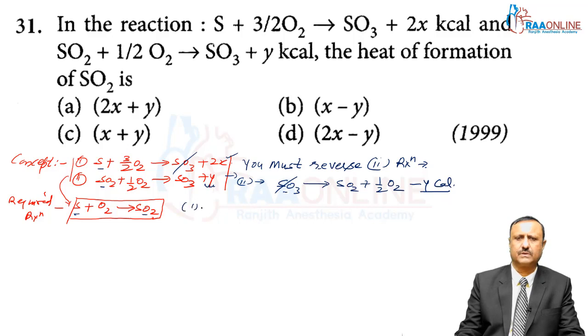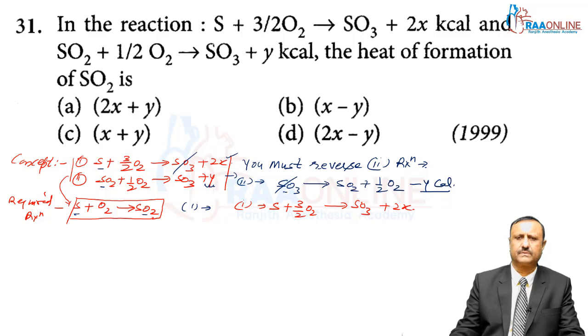First, you can write the reactions, then these are easy for you. After the reverse, you can write the first reaction also. First reaction: S plus 3/2 O2 gives SO3. You have not changed this reaction, this is plus 2x.